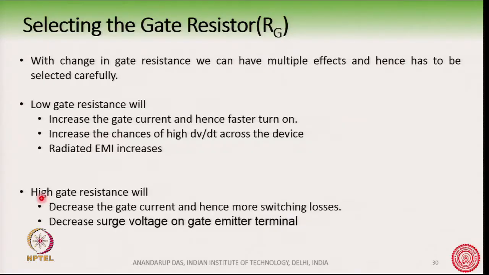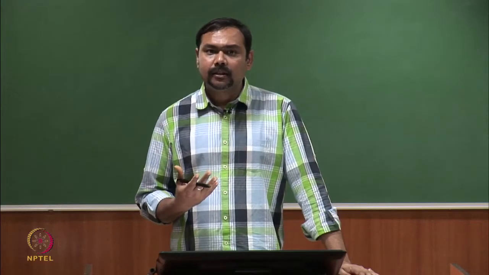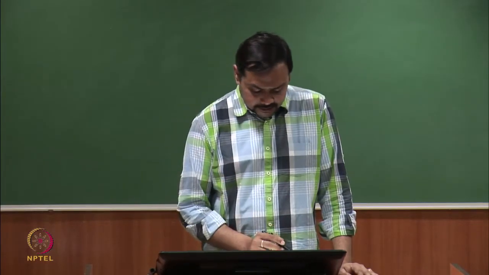On the other hand, if you use a high gate resistance, then you will decrease the gate current. Your requirement from the driver IC will be less, but you will have more switching loss because the RC time constant will increase and it will take more time for the switching process to take place, for the transition to take place, and so the losses will be more.